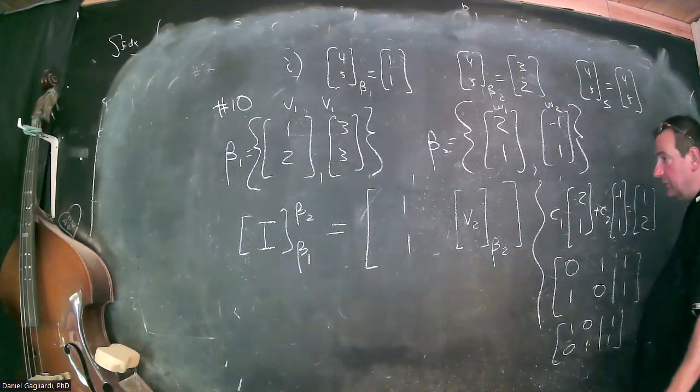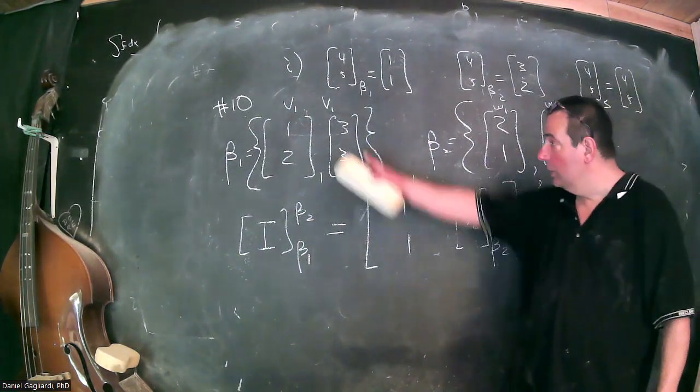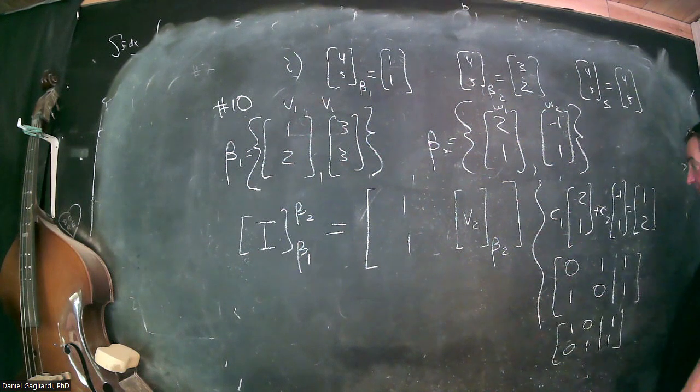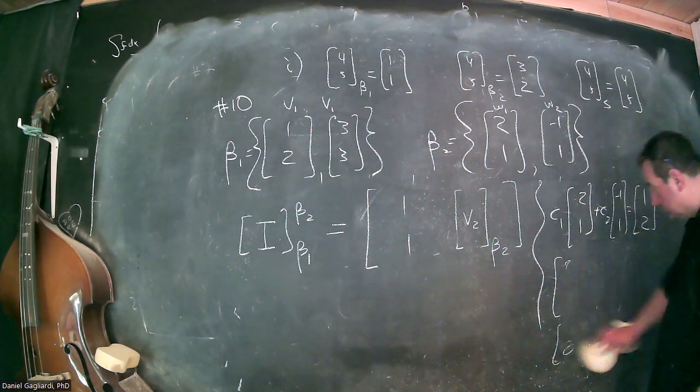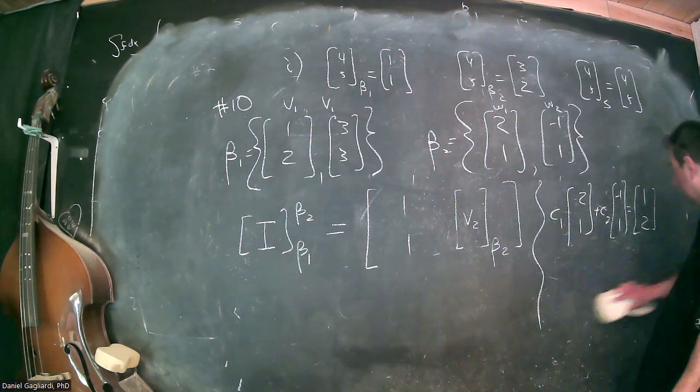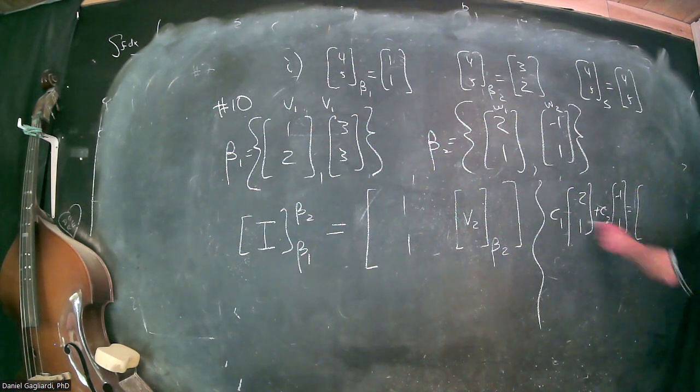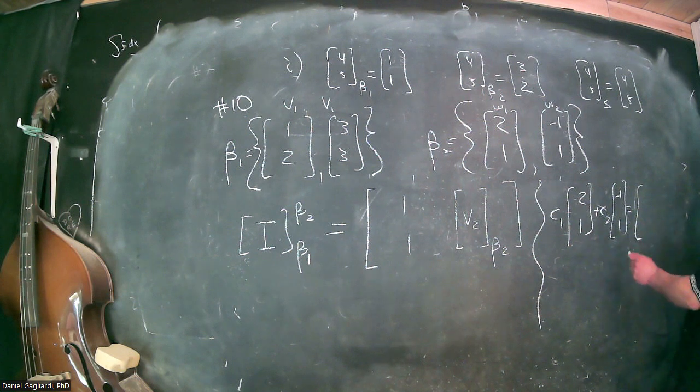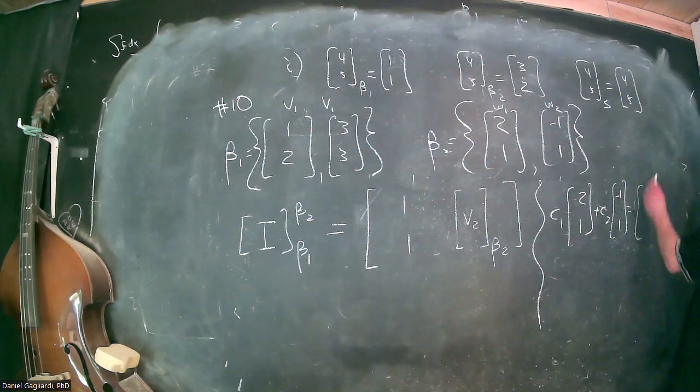Now, what we need to do is get V2, which is 3, 3's coordinates with respect to beta 2. So we want to solve the vector equation, C1 times 2, 1 plus C2 times negative 1, 1 equals 3, 3.